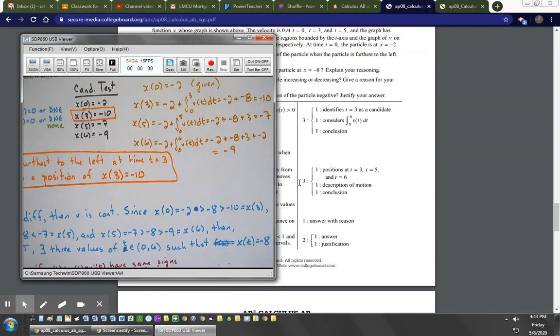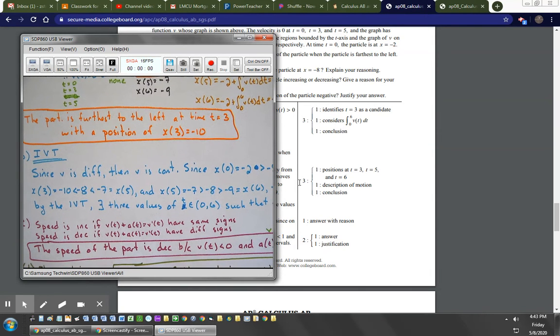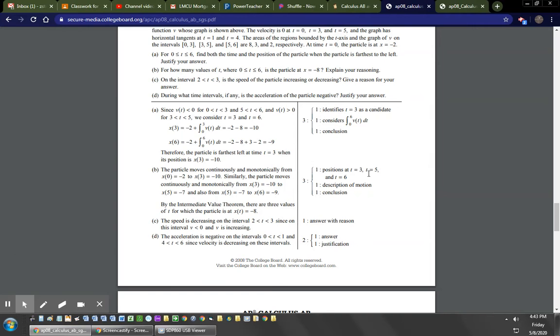The description of the motion. This one, I don't know if we did a good job with this one. I mean, I could say that it's differentiable. Maybe we should have said something like the particle moves left, then the particle moves right, then the particle moves left again. I wonder if that's what they mean. They say the description of the motion, continuously and monotonically, whatever that means.